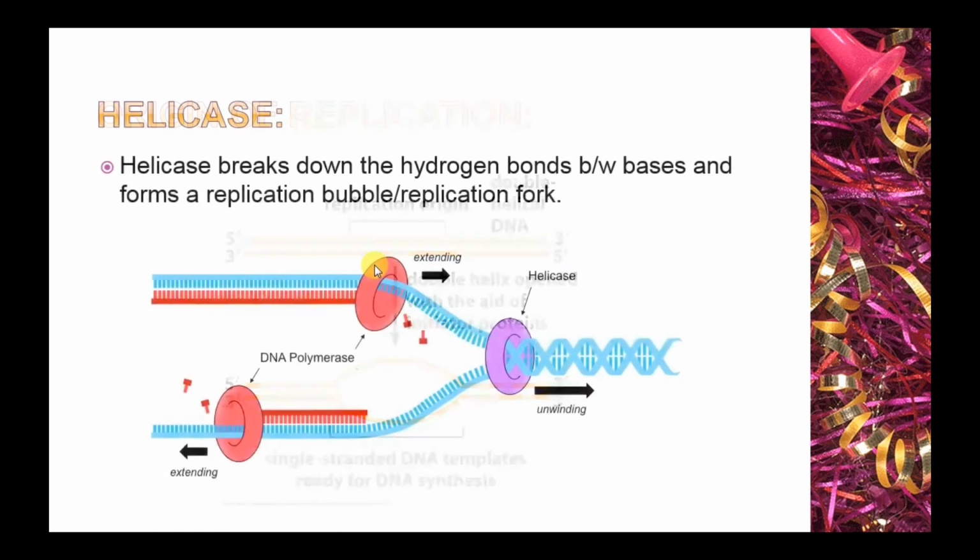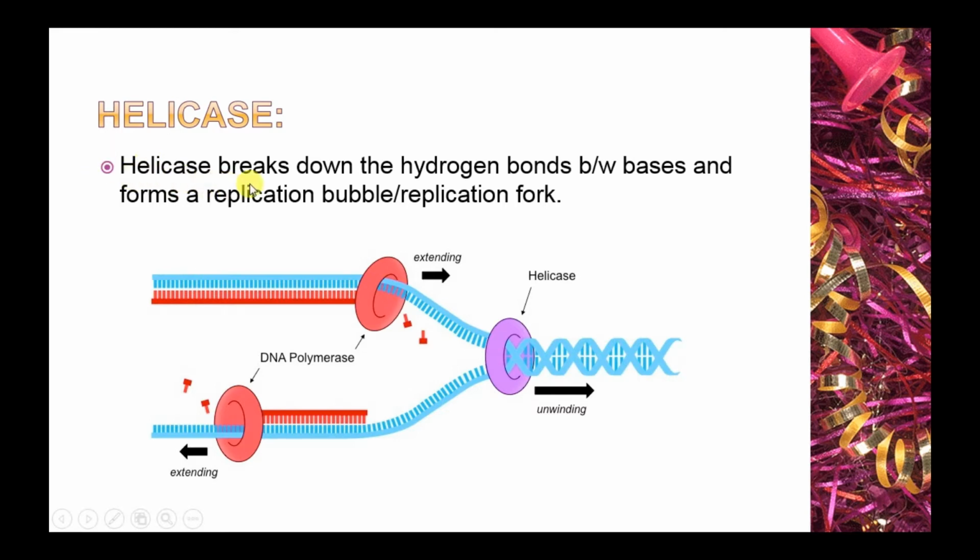Okay, now let's study the first enzyme and its role. The first enzyme we have is helicase. What is its role? Helicase basically works as an unzipping enzyme, which will unzip or separate the two parental DNA strands.